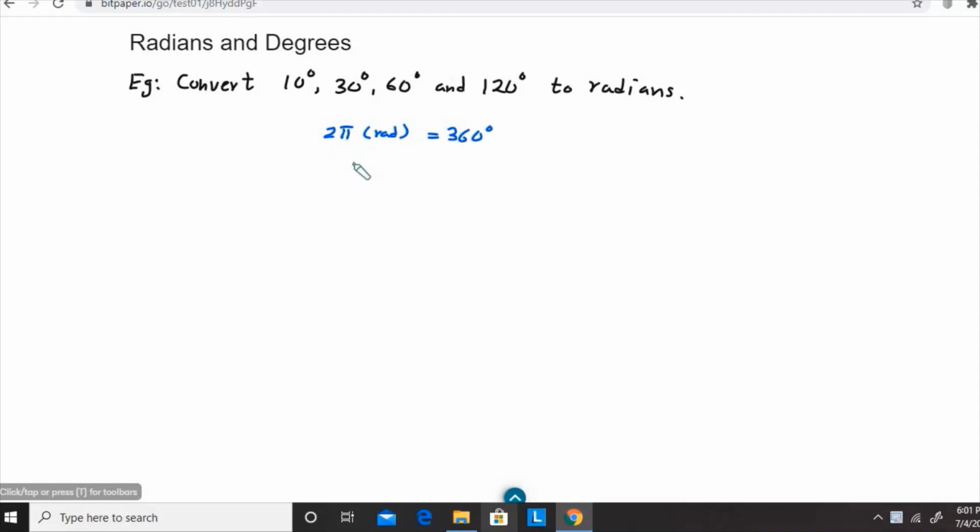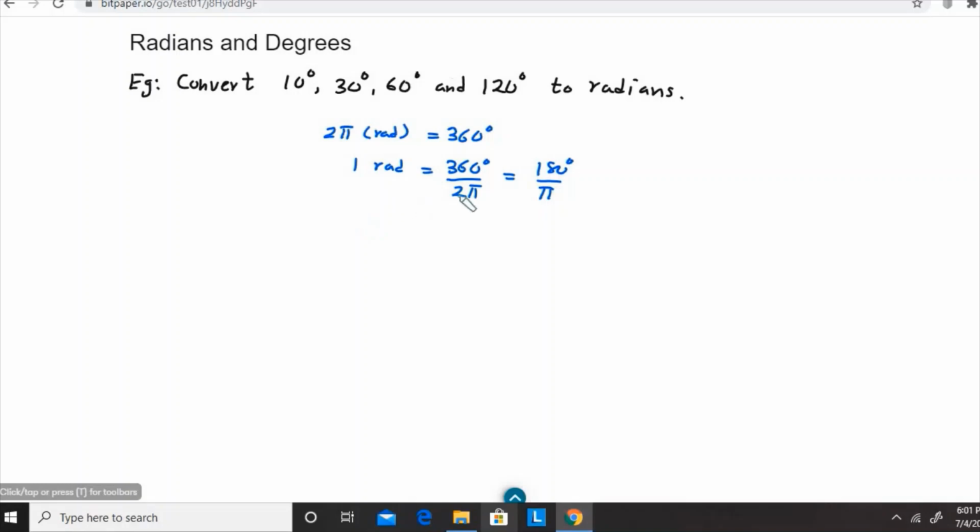So in other words, 1 radian is equal to 360 degrees divided by 2 pi, or we can simplify this and say 1 radian is 180 degrees over pi.